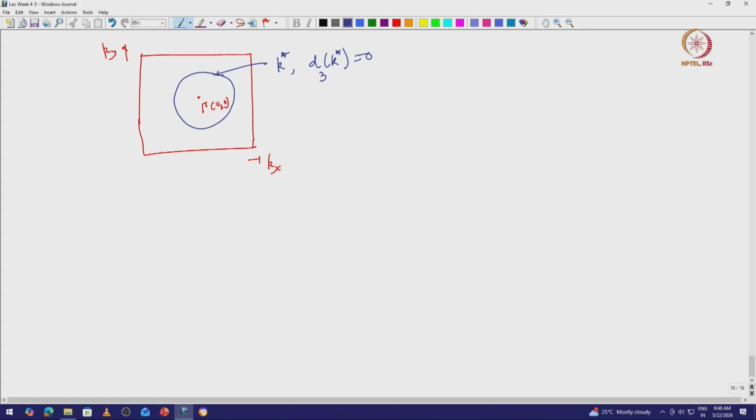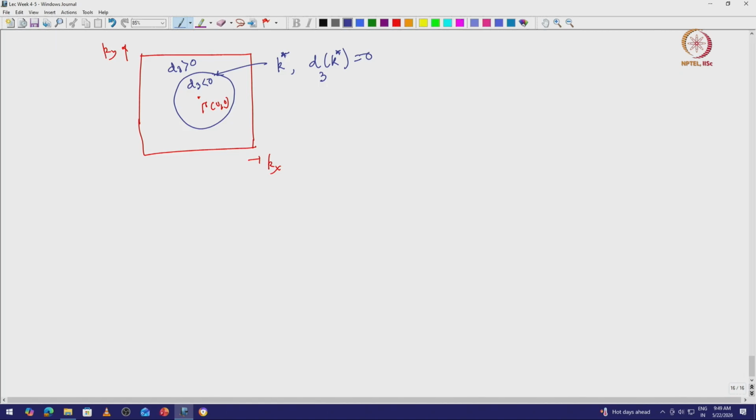The gap goes to 0, which means the gap must be changing sign. So, this is a region where, let us say, D3 is less than 0, and this is the region where D3 is greater than 0. It can be the other way also. In that case, the Chern number will change sign.